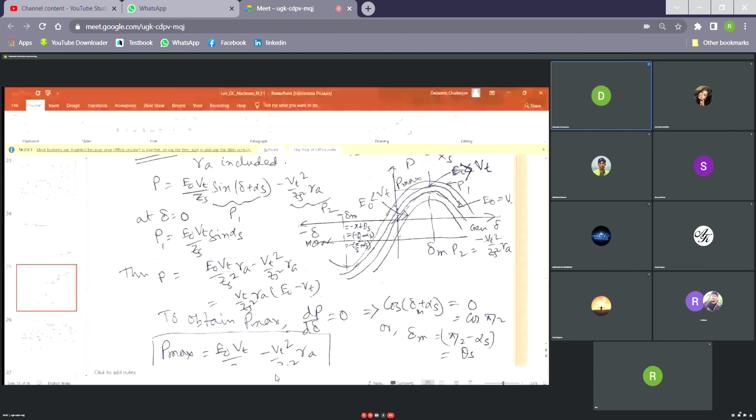And if it is underexcited, that means E0 is less than Vt, at delta equal to 0 you get a plot which is negative, shown by the arrow, the underexcited case. So you can have these three options as the resultant, with P1 and P2 separately plotted like this.